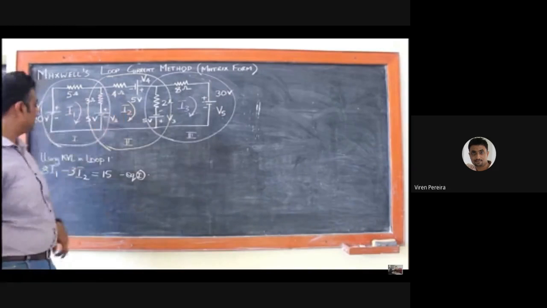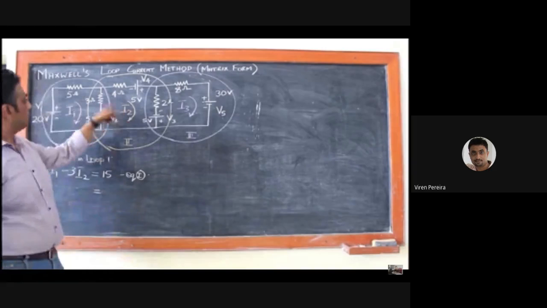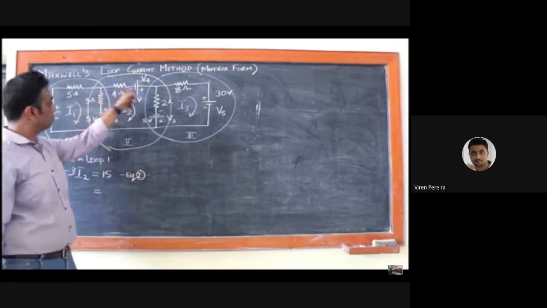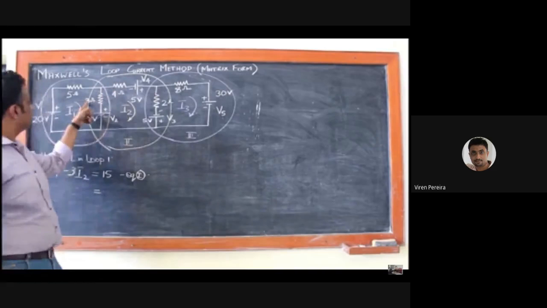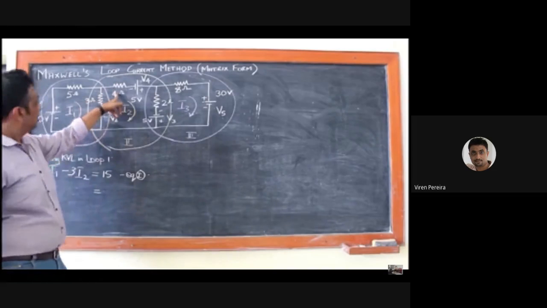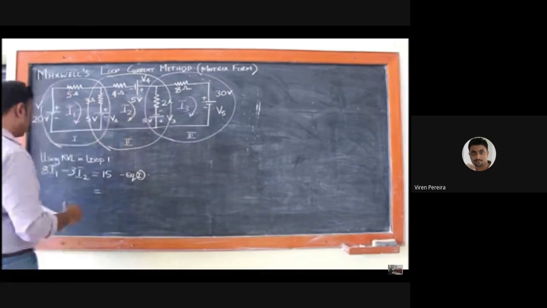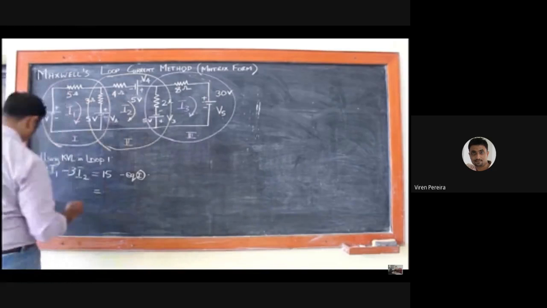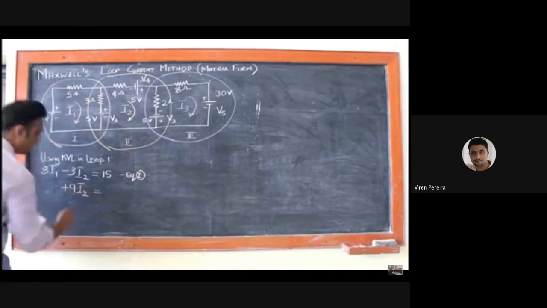Now first thing, I2 will flow through the 3 ohms, 4 ohms and 2 ohms. So I'll add 4 plus 3 plus 2 ohms resistor, which will give me plus 9 I2.